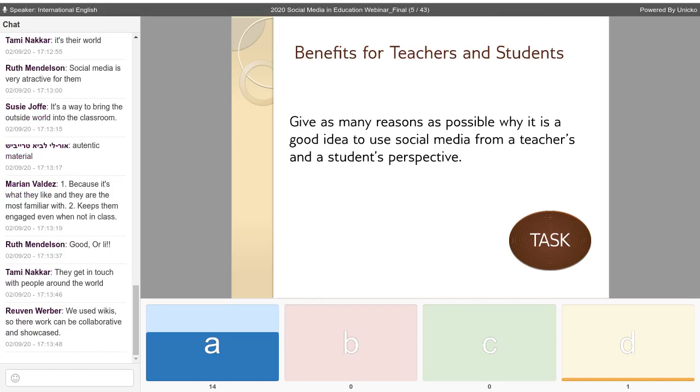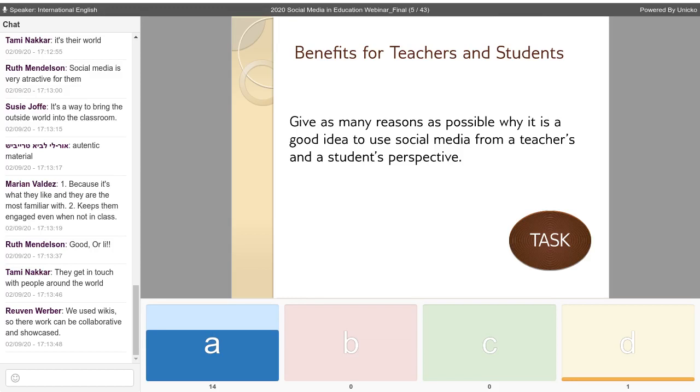Ruben, we used wikis so they can work collaboratively and showcase. Thank you, Ruben. Ruben, could you please open your microphone? Okay, and could you please share with us how you are using or have used wikis for teaching and learning purposes, Ruben?